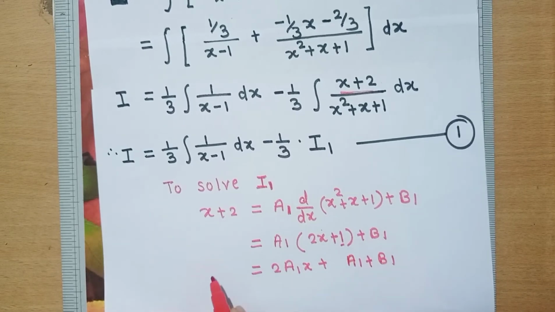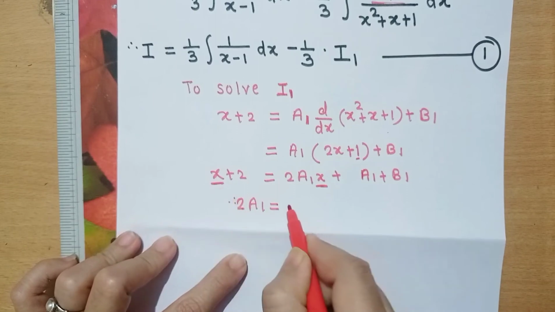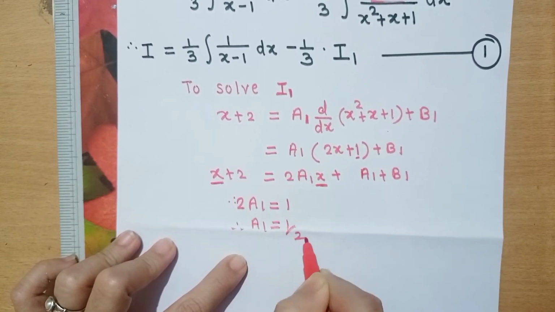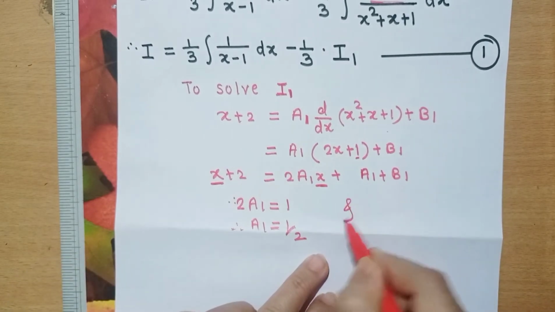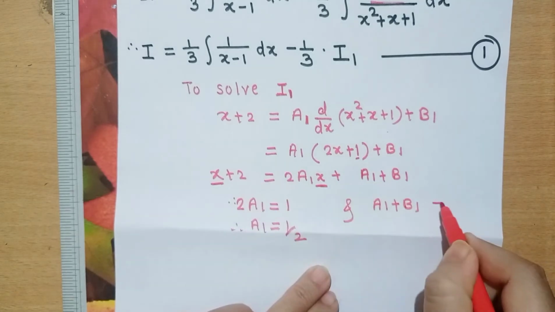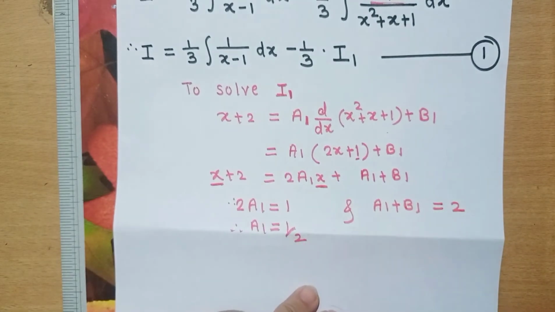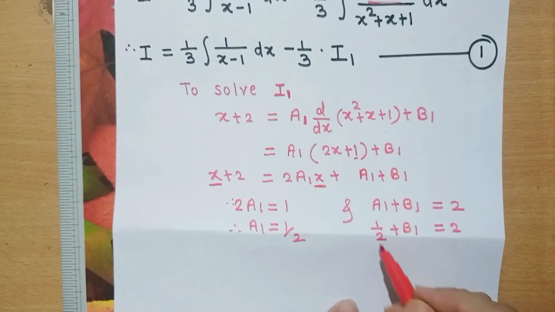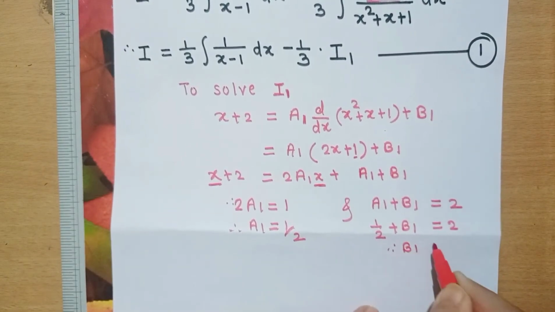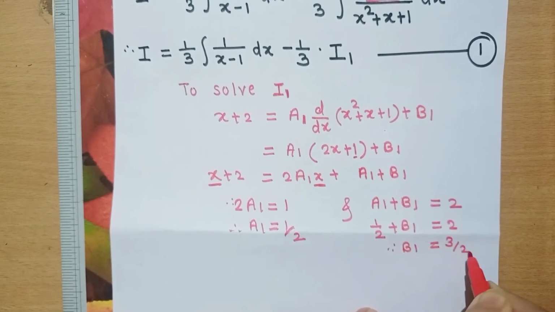Now we will compare coefficients. Here x plus 2, so coefficients of x are equal, twice a1 is equal to 1, and therefore a1 is equal to 1 upon 2, and here a1 plus b1 equal to this constant, and substitute a1 here and move this half that side, so 2 minus half is 3 by 2, so b1 is equal to 3 by 2.